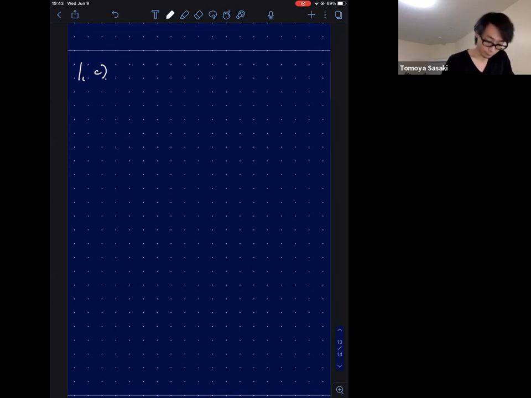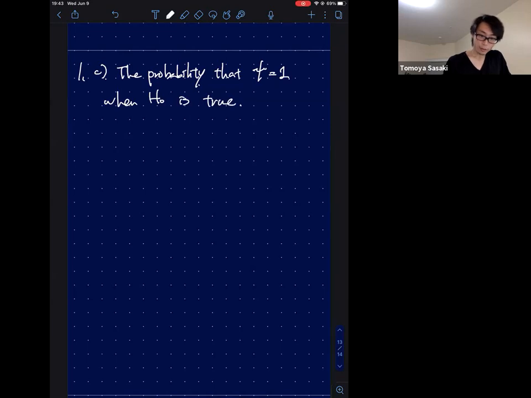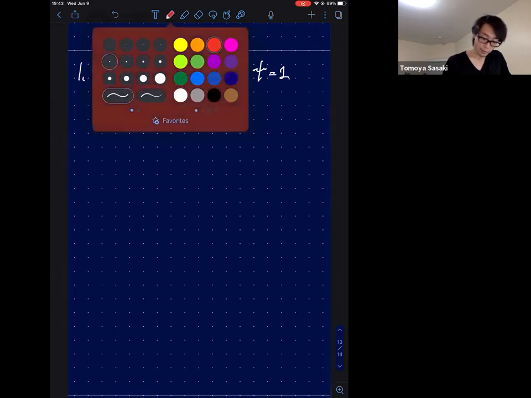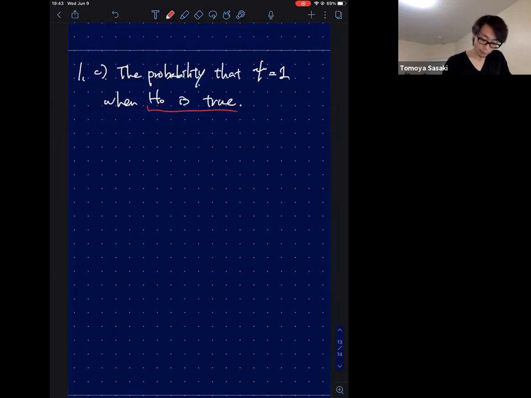So we're asking the probability that psi equals 1 when H naught is true. And I want you to rewrite this in a different way.